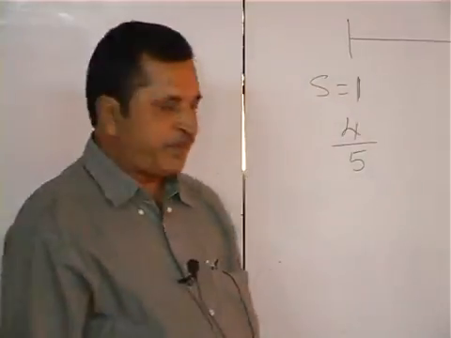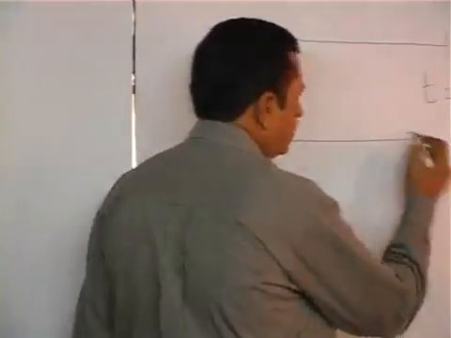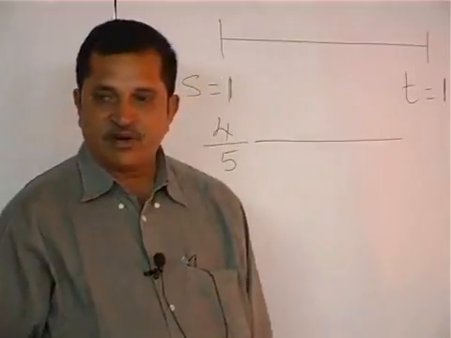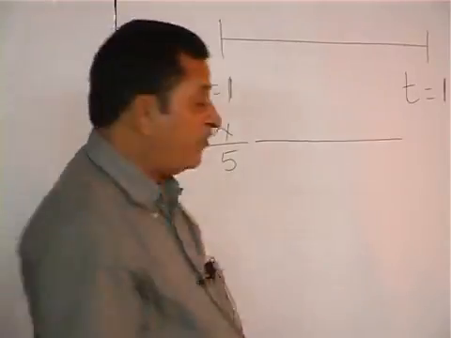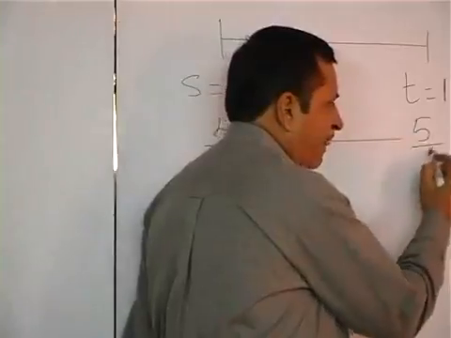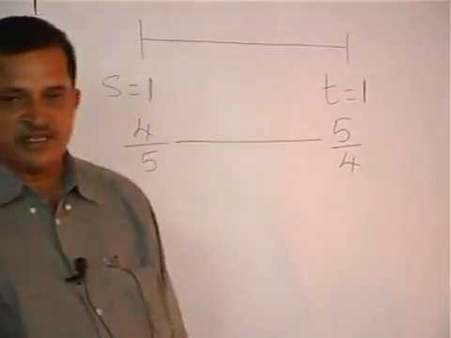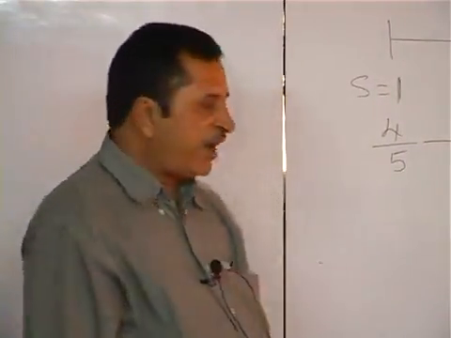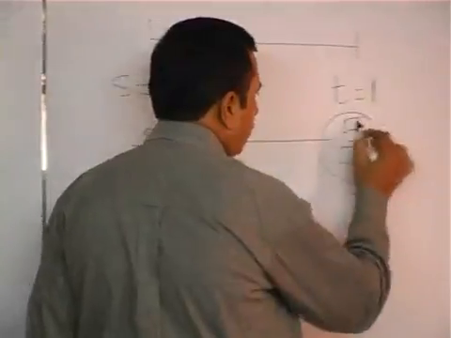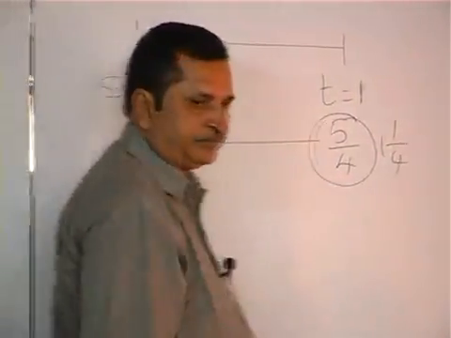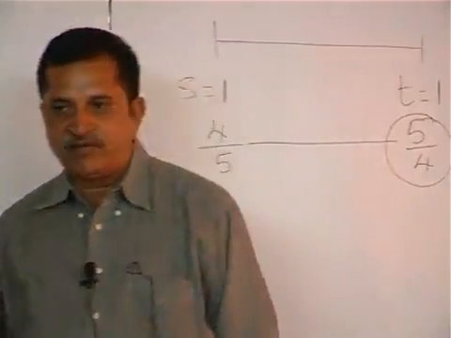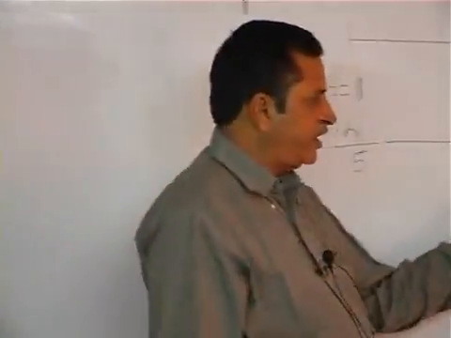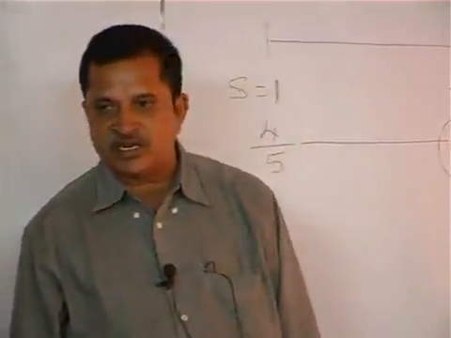When he walks with a speed of 4 by 5 units, what is the time he will take to reach? 5 by 4, because when the distance is constant, speed and time are inversely proportional. 5 by 4 means 1 and 1 by 4. Usually he takes 1 unit. Because he reduced his speed, he is taking 1/4 unit extra.